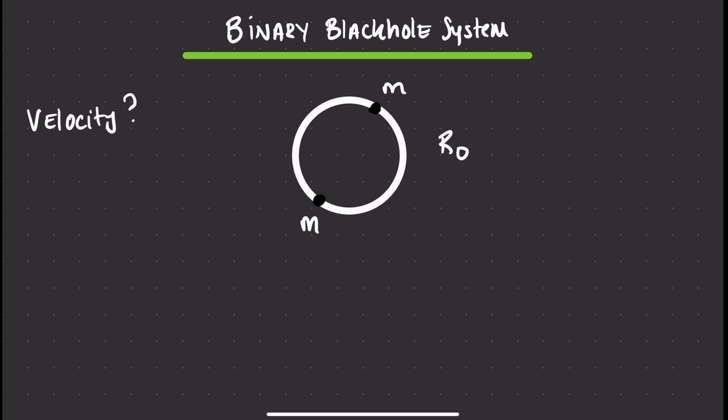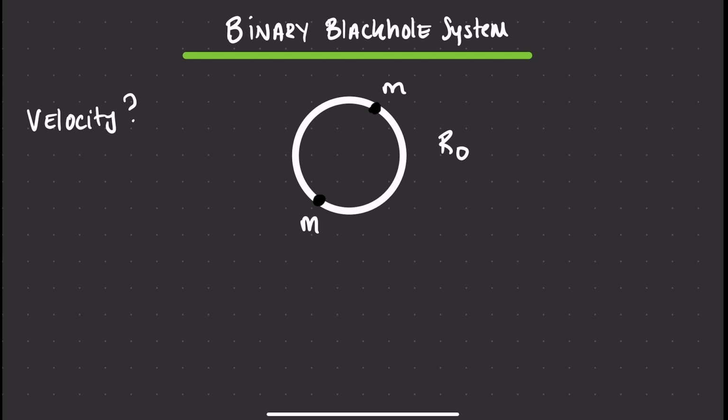When you see uniform circular motion, you can think of centripetal acceleration immediately. Centripetal acceleration is a change in direction. It's an acceleration you feel because of the change in direction as you go around the orbit.